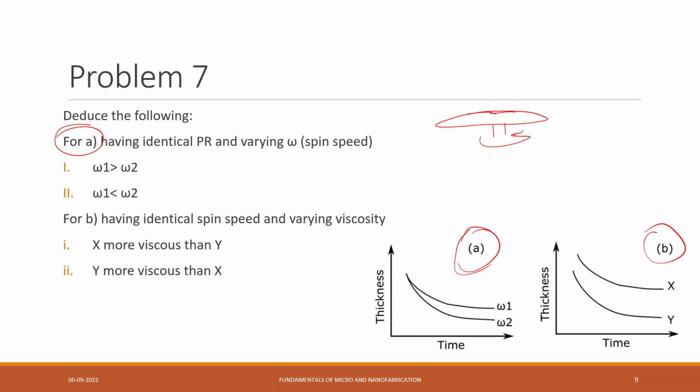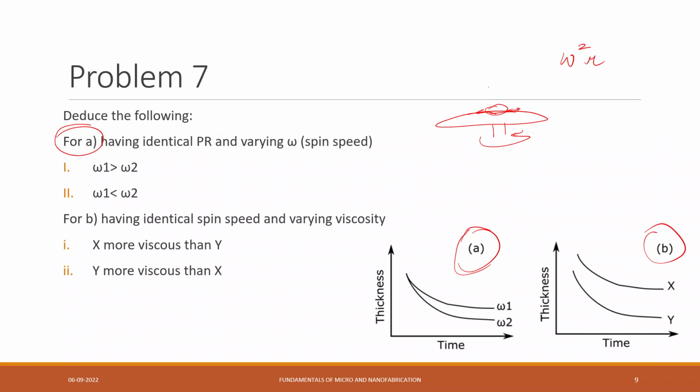When it is rotating at a lower speed and you have dropped photoresist here, it will experience less centrifugal force. Centrifugal force is essentially omega squared r, so it is directly proportional to omega.